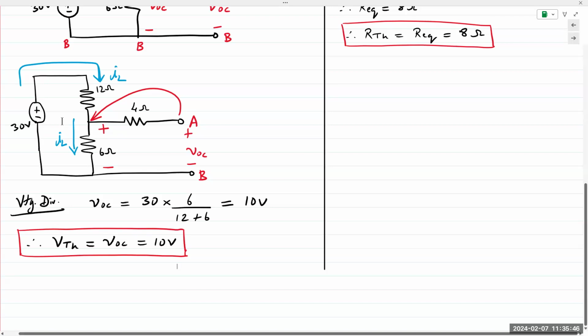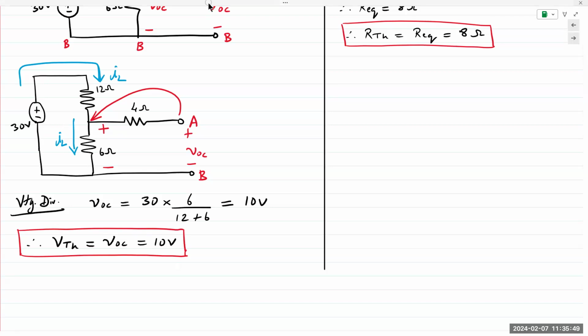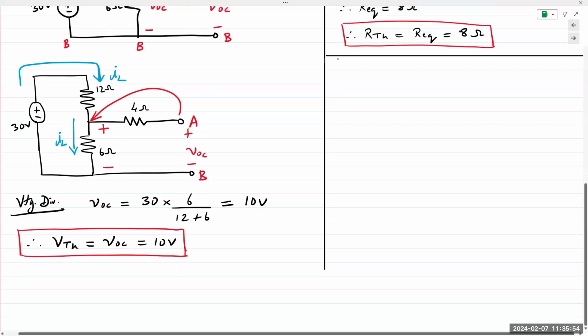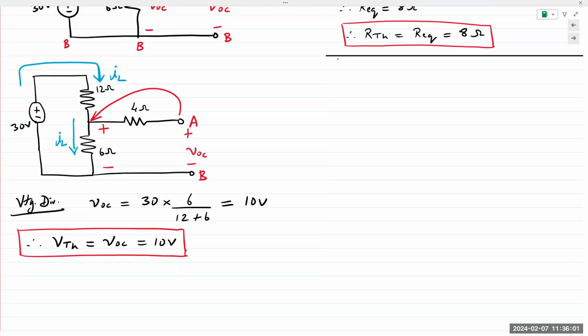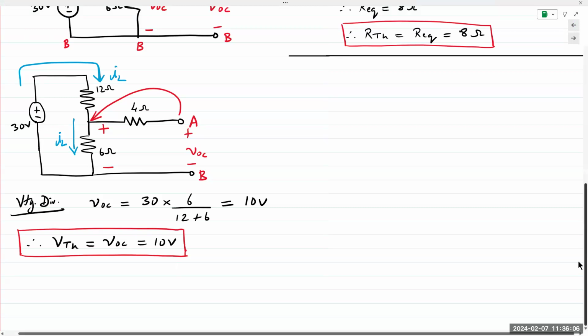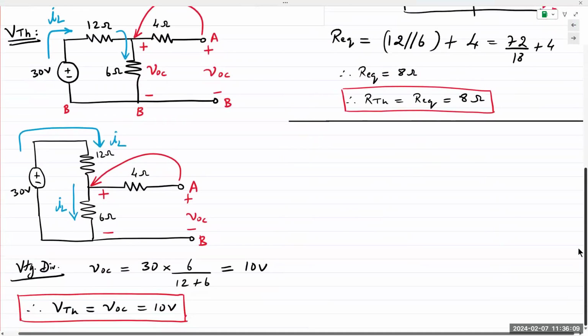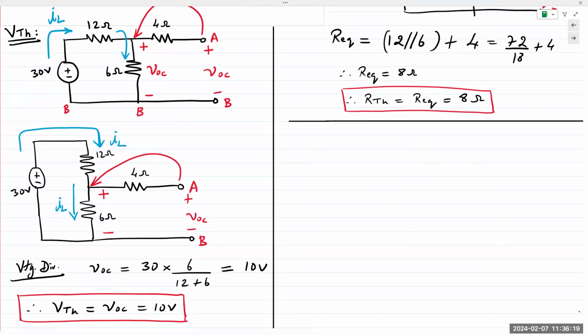All right, so let's move into the analysis for IN, Norton. In IN, let me get rid of this. Okay.